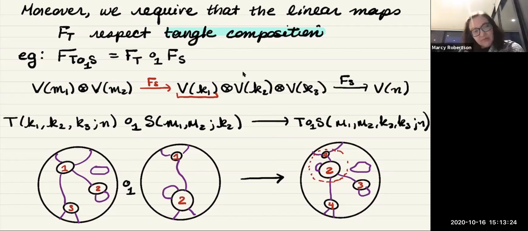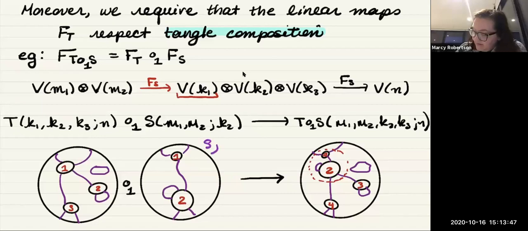And I want this to induce a composition on my vector space maps. So here I have, again, just a random multiplication. I'm saying that S is this guy. This is S. Purple's a good color.